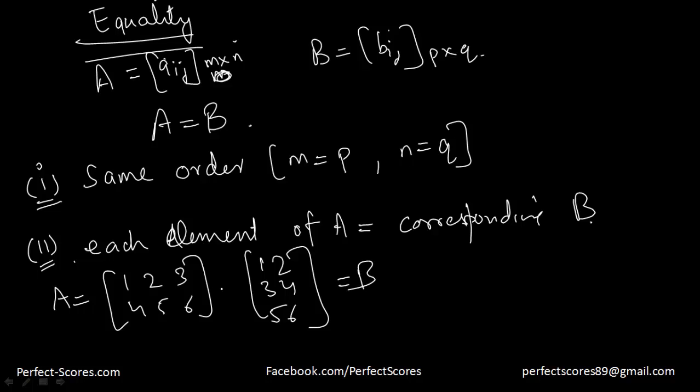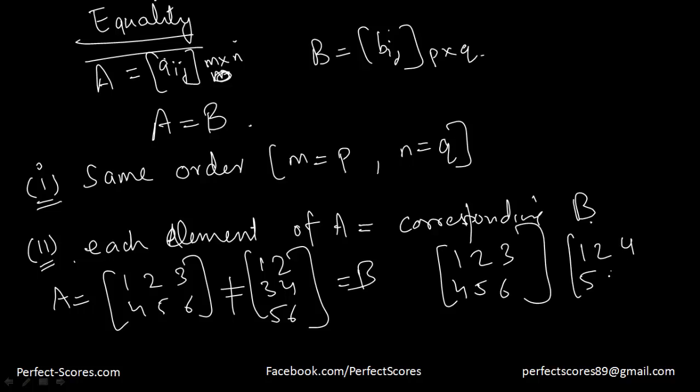They will not be equal because they are not of the same order. And let's suppose this is matrix A and this is matrix B. They are also not equal because this 3 is not equal to 4 and this 5 is not equal to 6. So they have to be of the same order and each element should be equal, right?